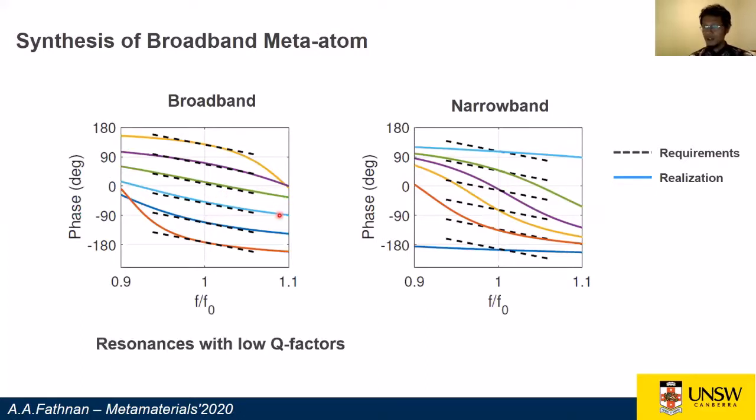In terms of a single resonance model, we can already see that a broadband metasurface can be obtained by meta-atoms that have low Q factors. The question now is how to realize these controllable Q factors in each meta-atom resonance.